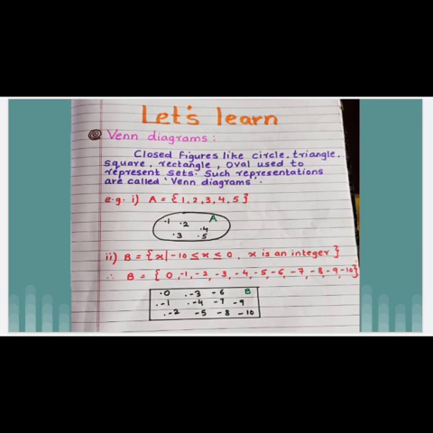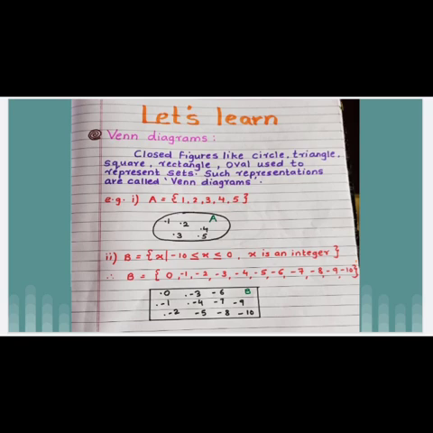So the example they gave is in rule form. First step, we convert that rule method into listing form. Hence B = {0, -1, -2, -3, -4, -5, -6, -7, -8, -9, -10}.